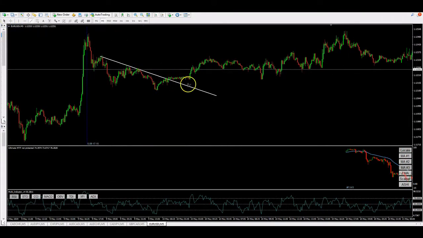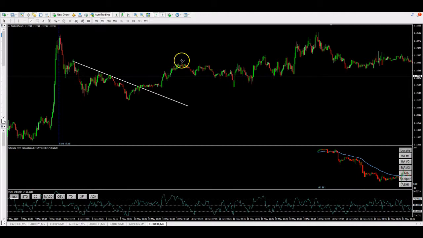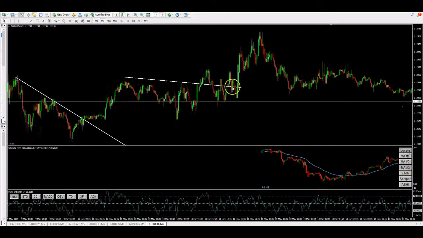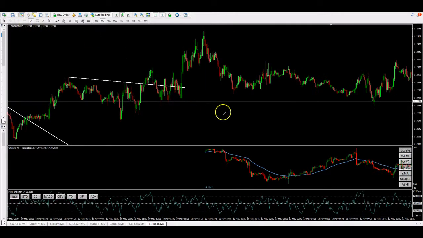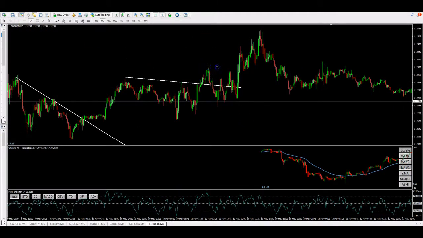Now, I don't know how many of these will work out, but we'll see. Boom. This is really a high percentage trade.